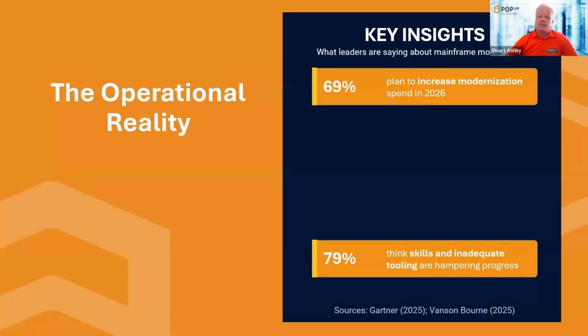And then 79% thinking that skills and inadequate tooling are hampering progress. Well, if it's skills and the inadequate tooling, we have to provide education to the early in career people and on the new tools. So that's going to need environments to do that education.